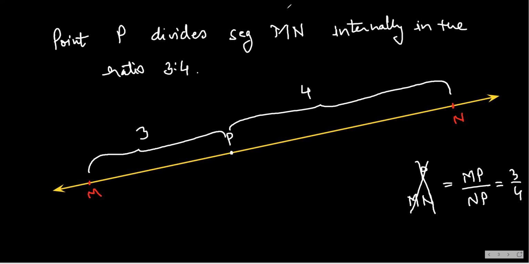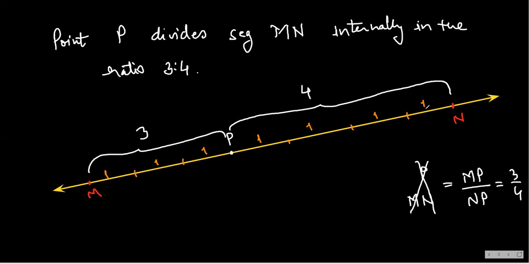So this would mean that there will be a total of 7 equal sections of this. You can count 1, 1, 1, 1, 1, 1, 1. See why I'm writing 1?